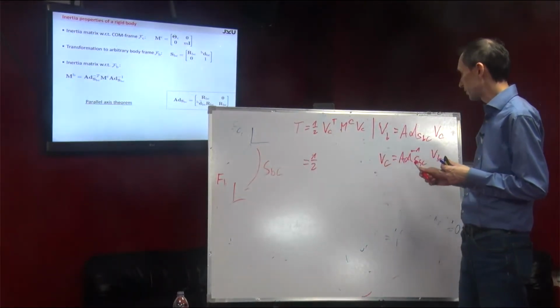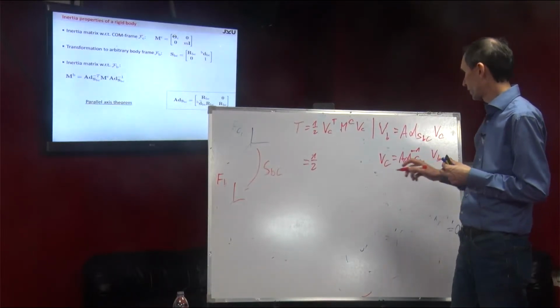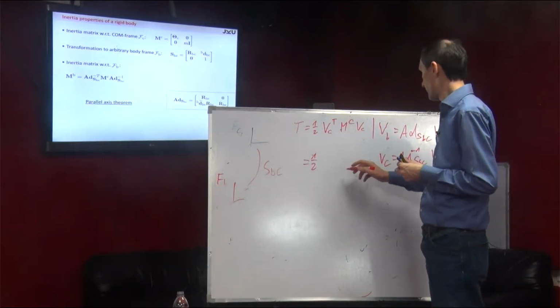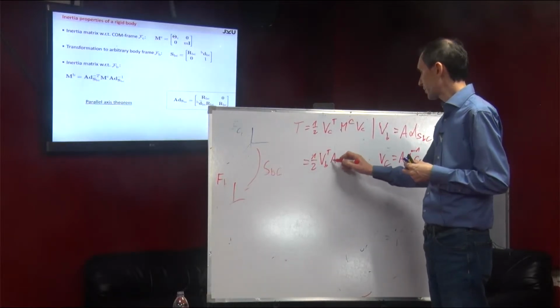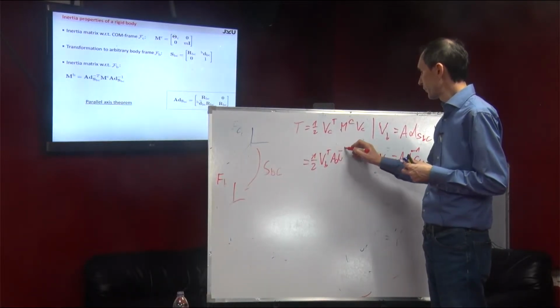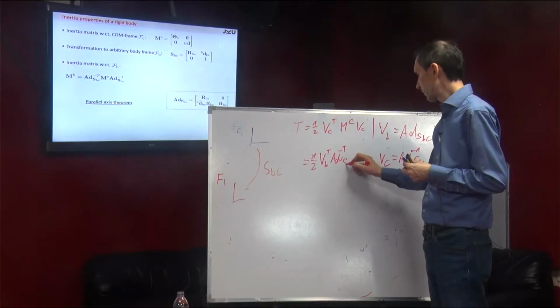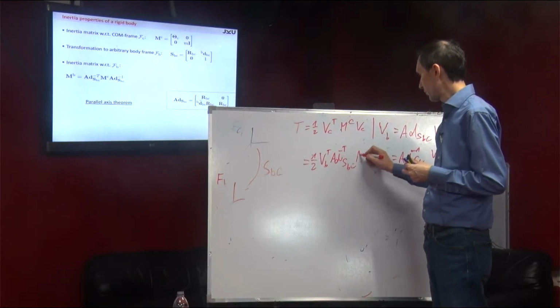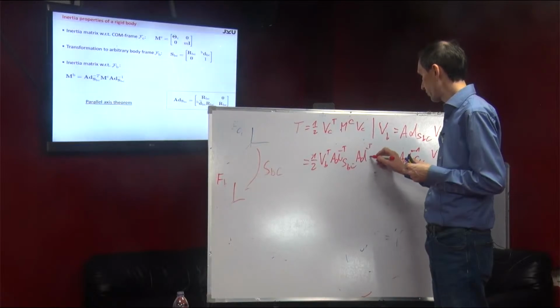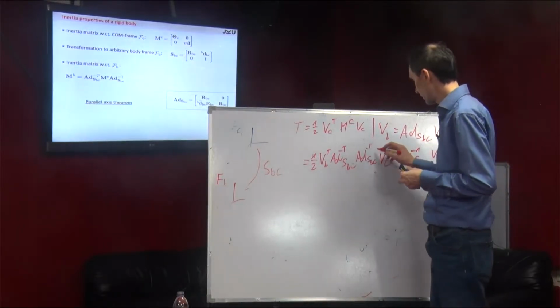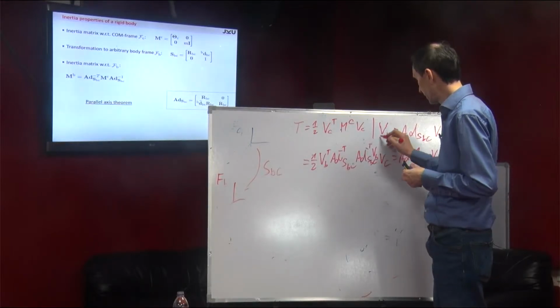The kinetic energy is then V_B transposed times the adjoint inverse transposed of S_BC times M_C times the adjoint inverse, times V_B.